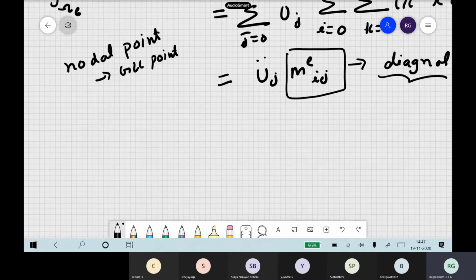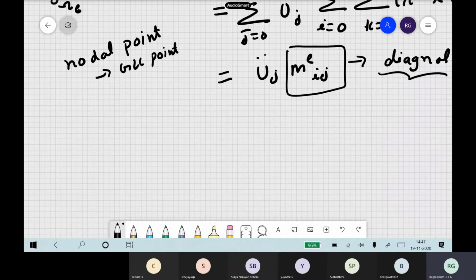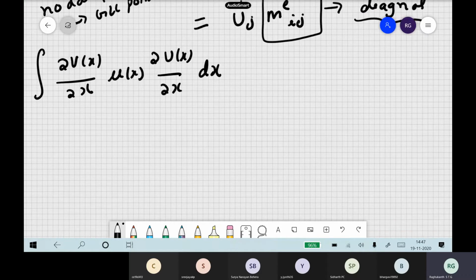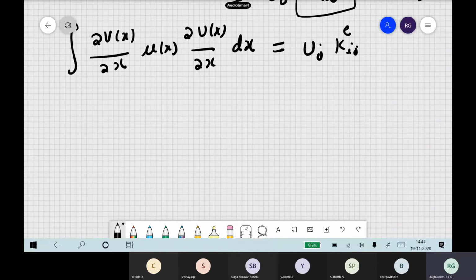Now when it comes to the stiffness matrix, what happened to our stiffness matrix in 1D? This also we wrote, right? So dv by dx in one dimension, mu of x, then we had du by dx into dx. So this integral also, finally we wrote as uj, kij e we have. But the stiffness matrix, what we observed in our last class was something like this.